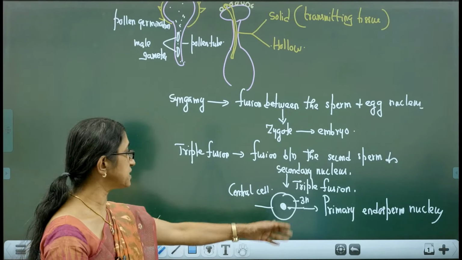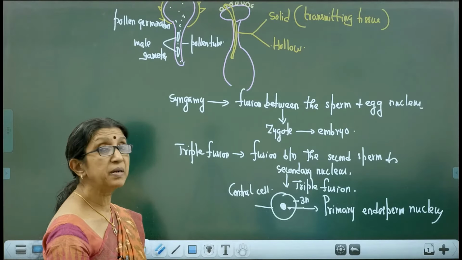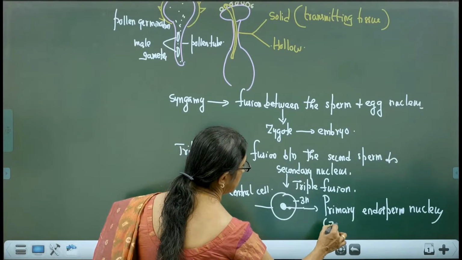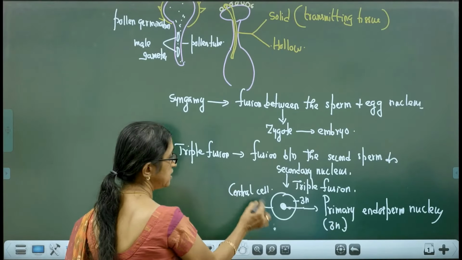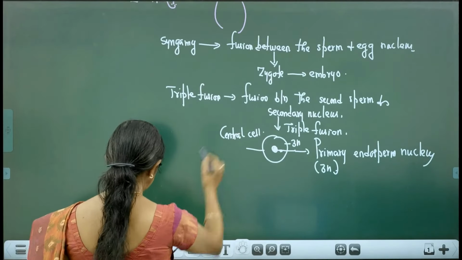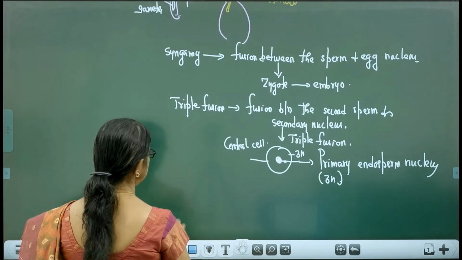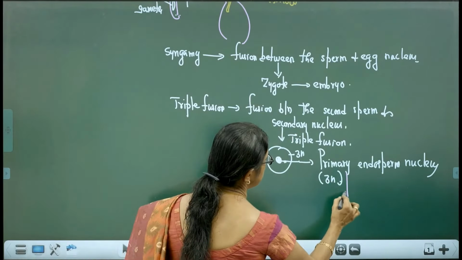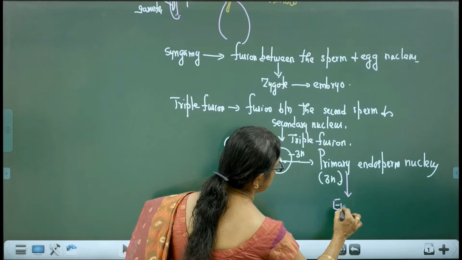That results in the formation of the primary endosperm nucleus. This is 3N, triploid, and this will develop into the nutritive tissue that is called endosperm.